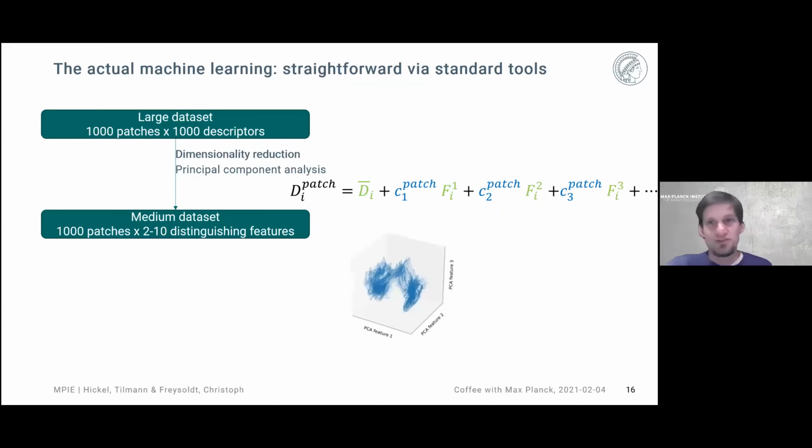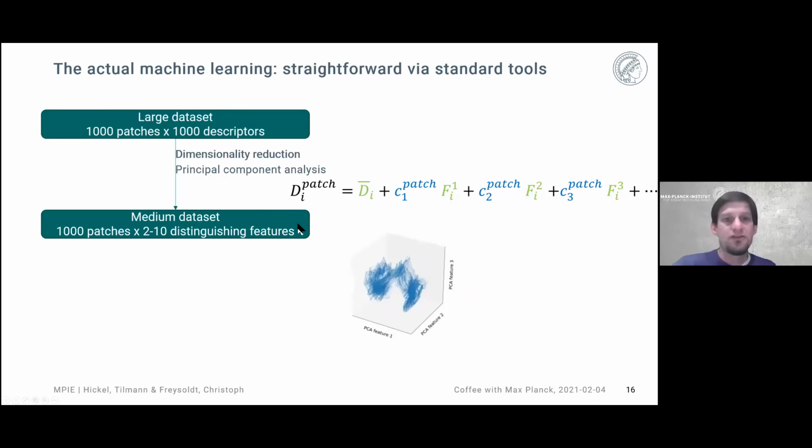For those of you who do not know what this is, roughly you try to decompose the signal from a single patch, which may have one of these, say, 1,000 components, into a few characteristic features, 1, 2, 3, 4, maybe 10, but not more, not thousands, just a few of them, and measure the similarity of your patch to these features by certain coefficients.